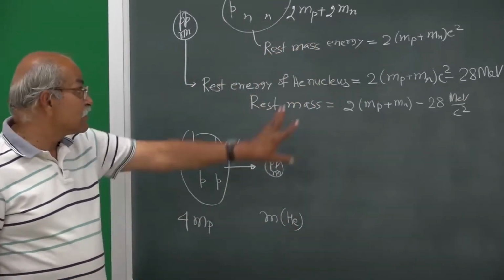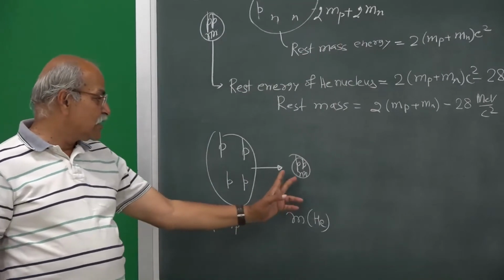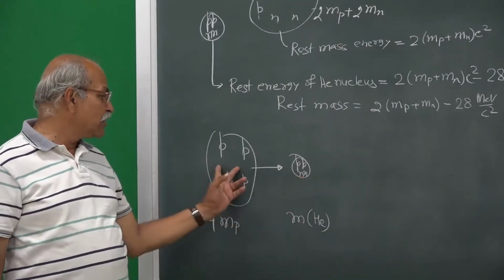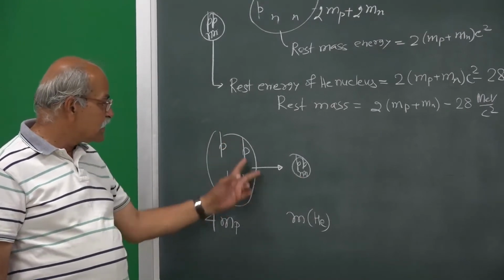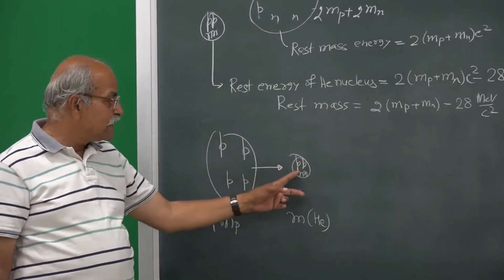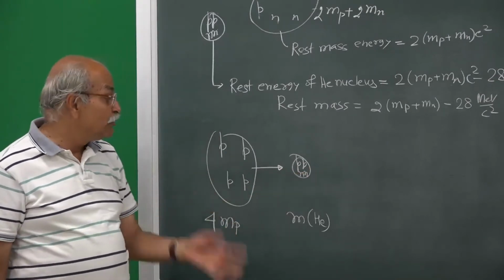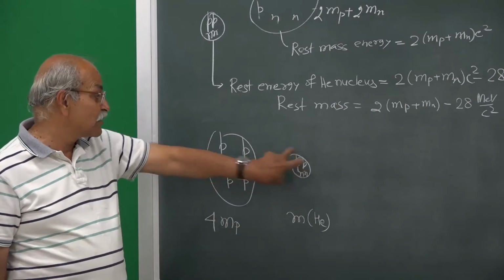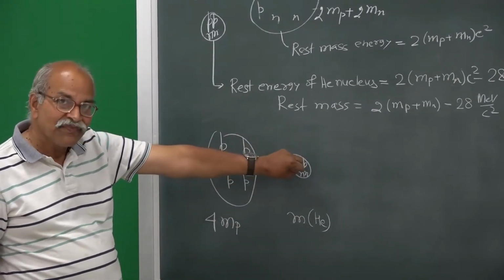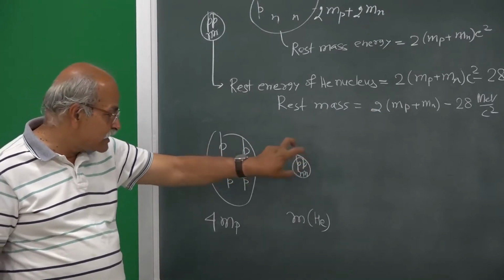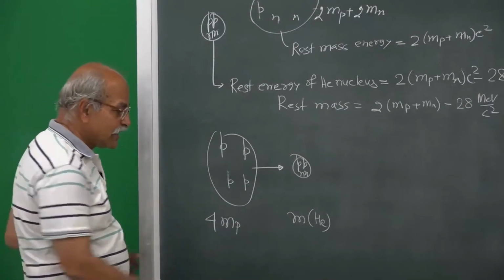So, if I just do not look at all these things, I would believe that this rest mass is more than this rest mass, because here you have all 4 protons and here you have 2 protons and 2 neutrons, and neutrons are heavier than protons. So, you may think that this rest mass is more than this one, but no, because of the bonding, this rest mass is less than this rest mass.